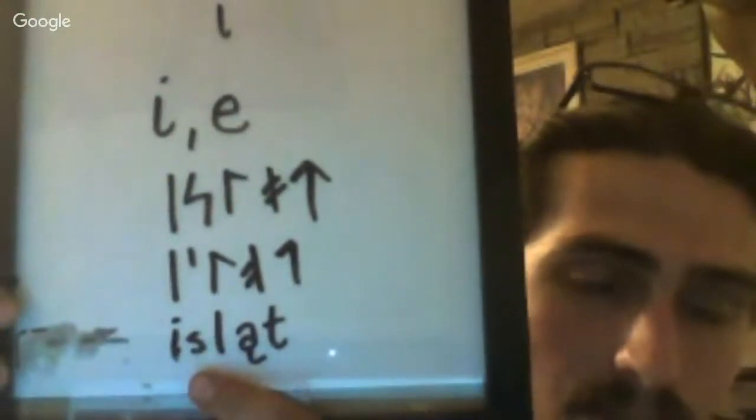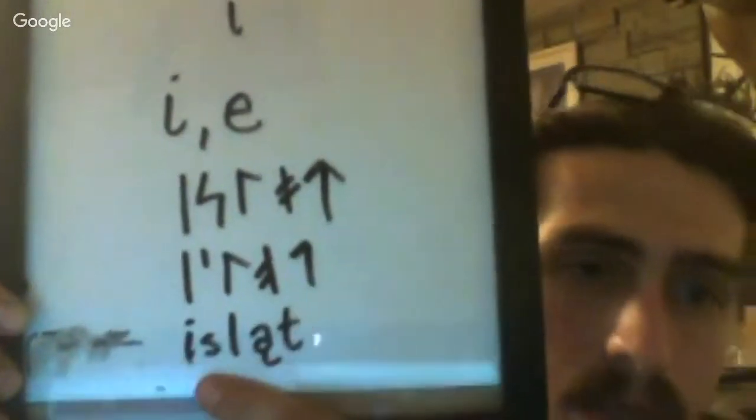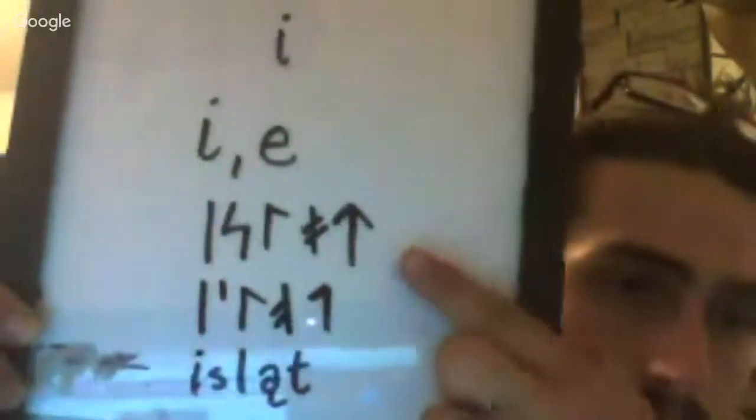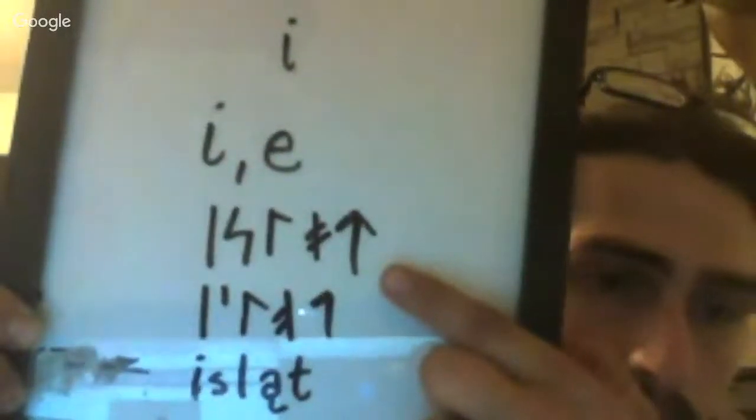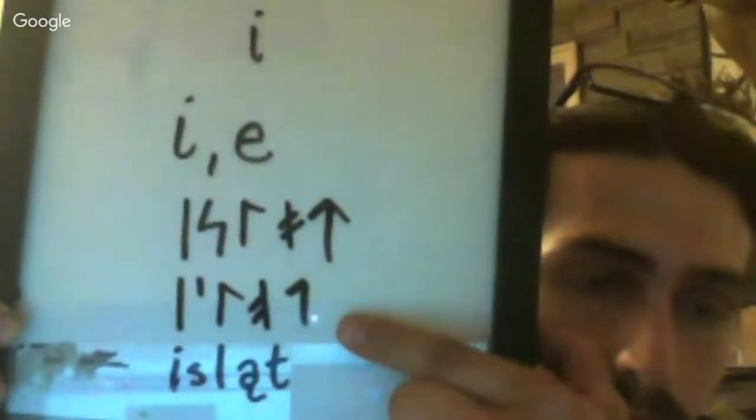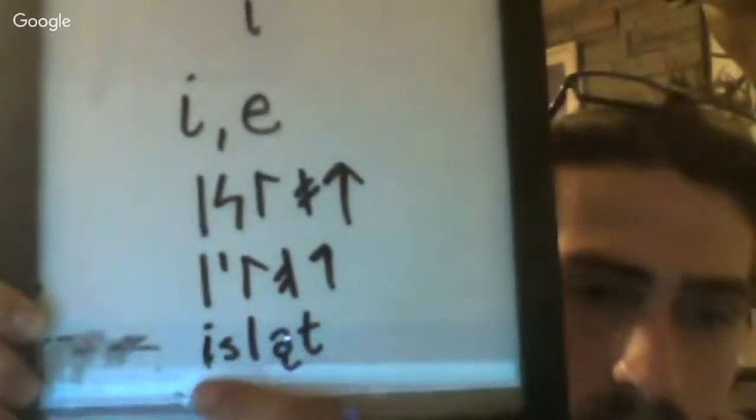All right, so the transliteration, in which case I won't hold this over your heads and wait on Randy, who's 5 minutes behind us. So the long branch form and the short twig form and the transliteration, which is the ISL hook A T.